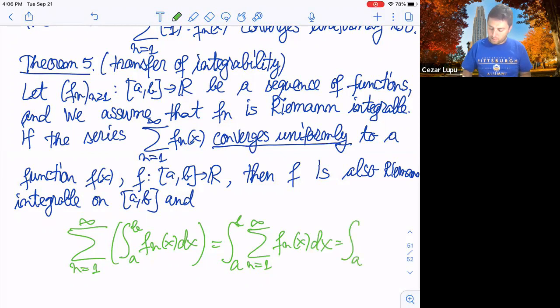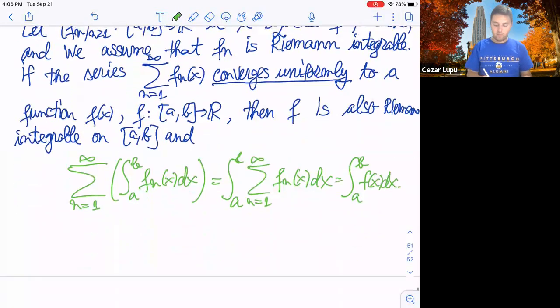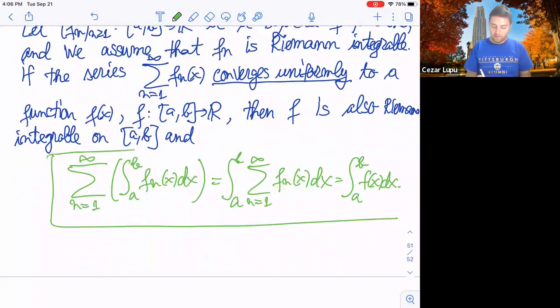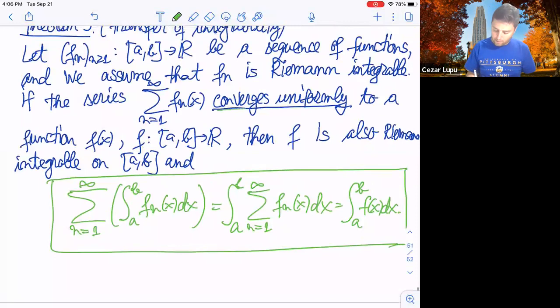And this is nothing else than the integral from a to b of f of x dx. So we have this relation. Like I said, we need uniform convergence, so we need to make sure that our series is uniformly convergent. If this is uniformly convergent, we're safe to swap the infinite sum with the integral.